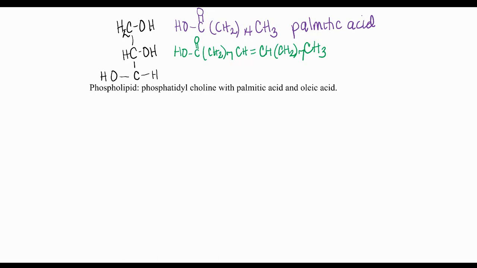And then where it says phosphatidyl, that means we're going to have our phosphate group attached. And then we're going to have choline. So let's do choline. I can put these guys in different colors if we want. Let me go back.